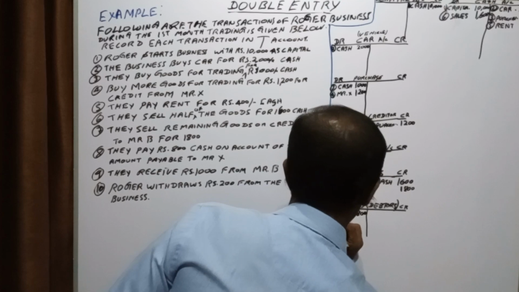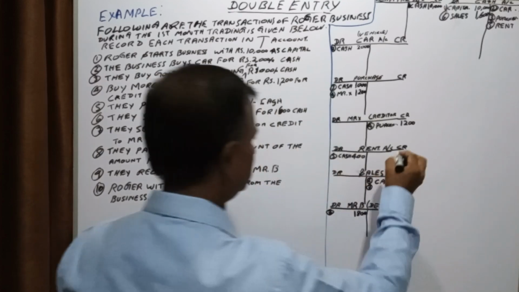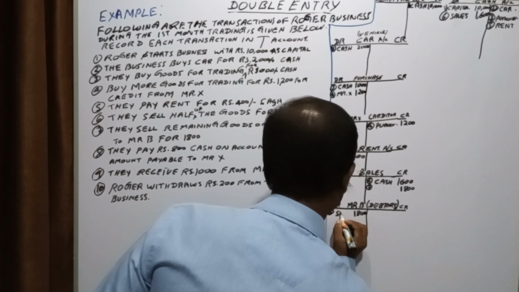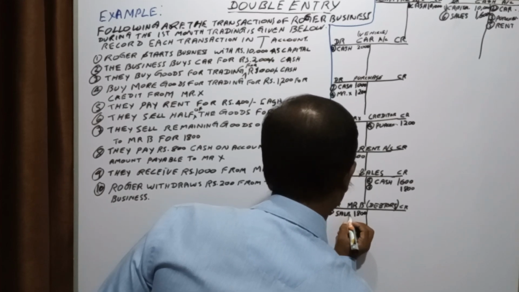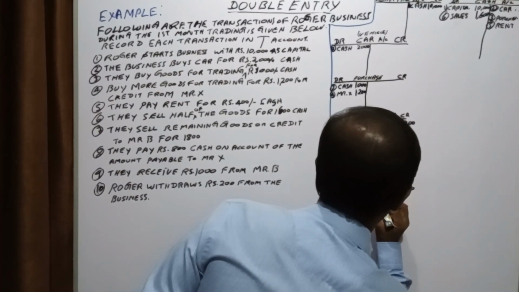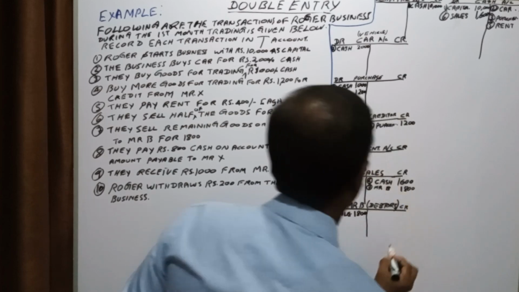Right? Number 7. What is the corresponding? This is the sales. This is Mr. B, debtors.